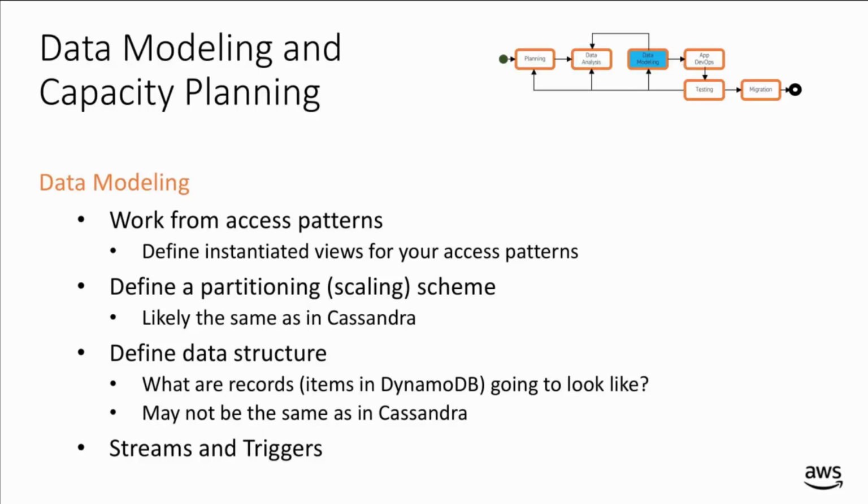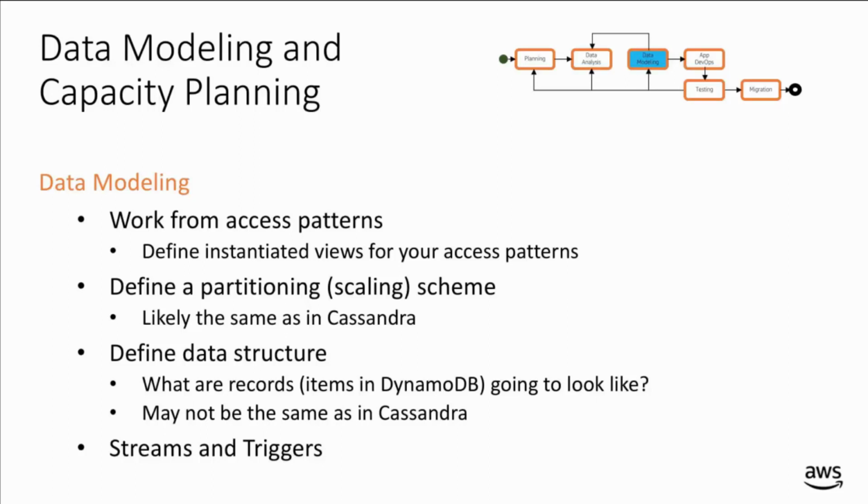Then we need to think about defining data structure. What are records, what we call items in DynamoDB, going to look like? Are we going to use document style data structure, or maybe an item hierarchy? For example, in Cassandra, you can use wide rows. In DynamoDB, we usually map those into what we call item hierarchies.